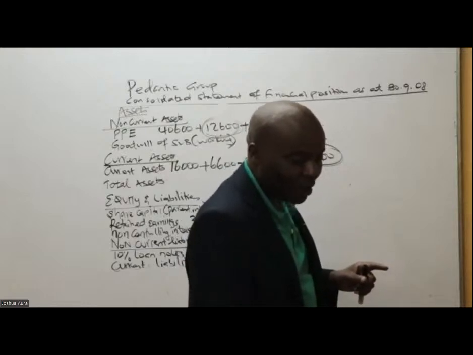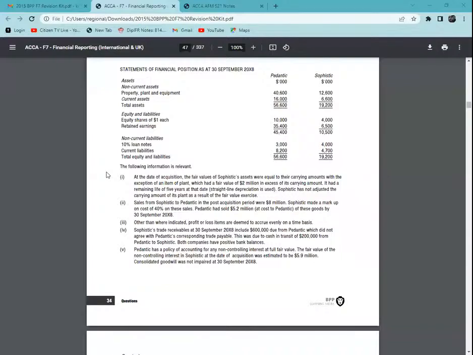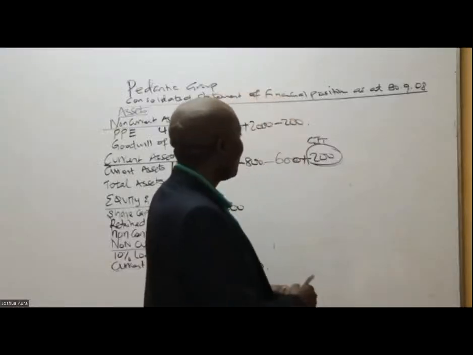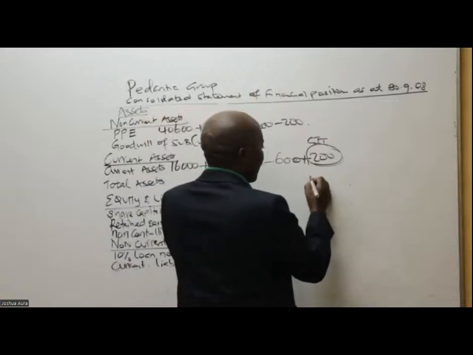Now, ladies and gentlemen, listen to me very well. Let us continue reading this statement. Due from Pedantic, which does not agree with Pedantic's corresponding trade payable. This was due to cash in transit of 200 from Pedantic to Sophistic. Listen, these two companies have internal owings.